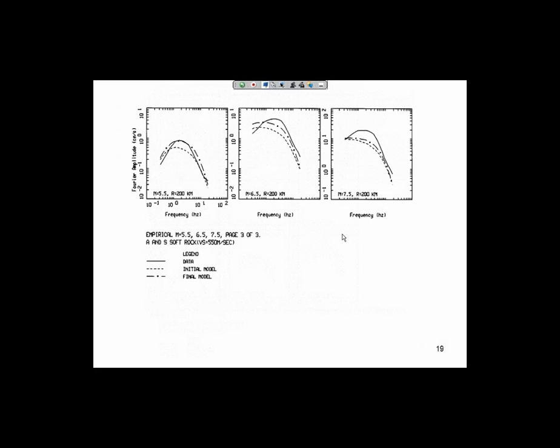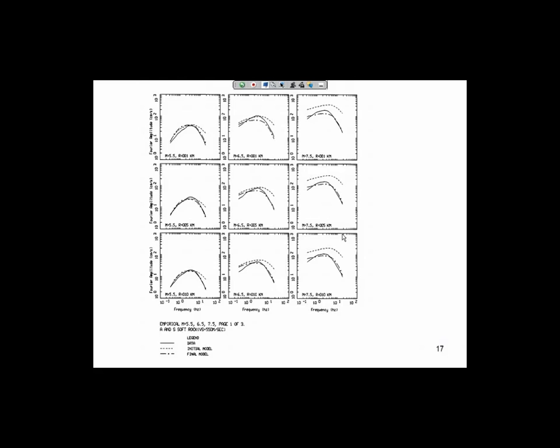So we're trying to encompass the range of the GMPEs in the west, and also a range of magnitudes from 5.5 to 7.5. There are 3 curves on each plot. The 2 curves to pay most attention to are the solid curve, which is the data, and this is the Fourier amplitude data. So we compute a response spectra. The response spectra comes out naturally from the ground motion prediction equation.